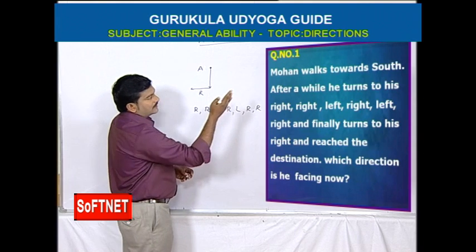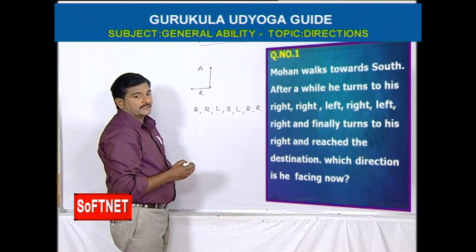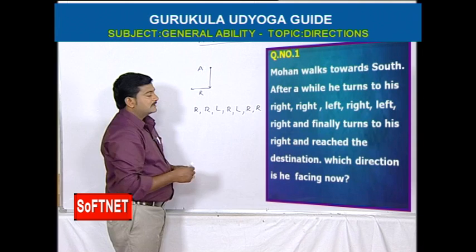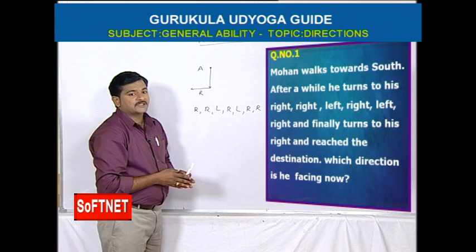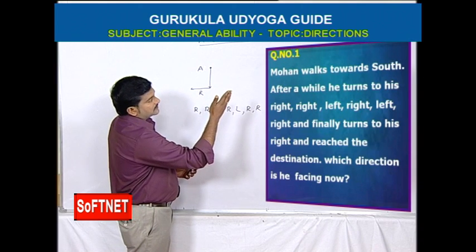So there are 1, 2, 3, 4 and 5, five rights, and there are 2 lefts in the given question.